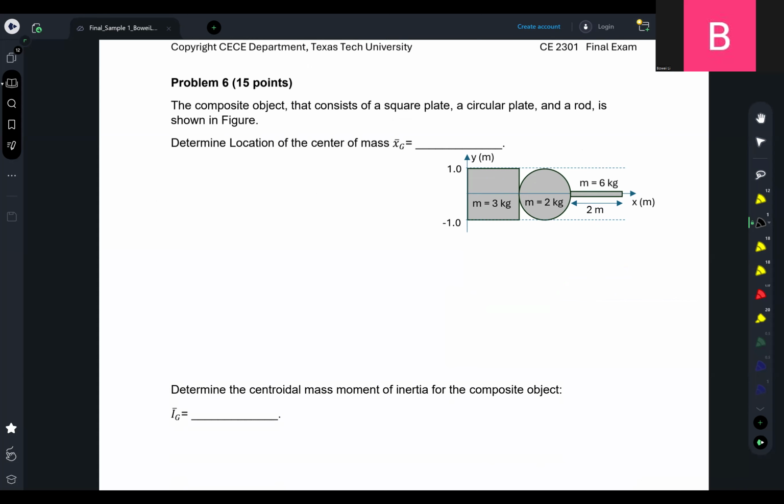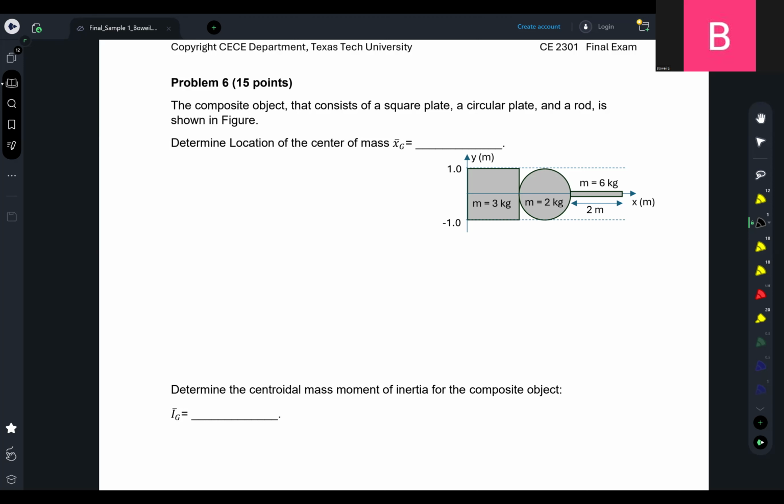Conceptually, the center of mass and mass moment of inertia are very similar to the previous problem, right? What we need to do is replace the geometry or dimension of the object, that is the area, with the corresponding mass, and everything else will be pretty similar here.